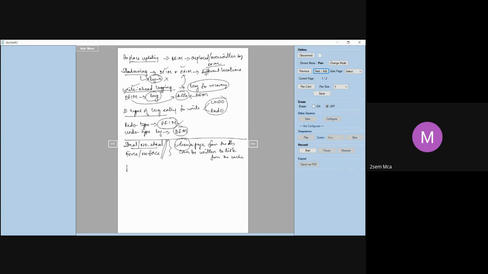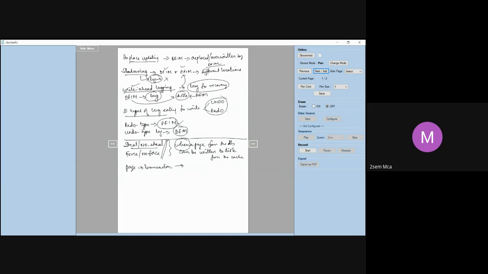Now, let us say a particular page is updated by a transaction. You have made some changes to that page. Suppose you cannot write it before the transaction commits.